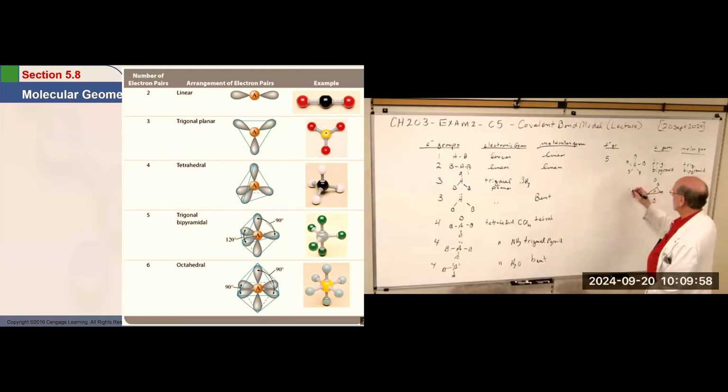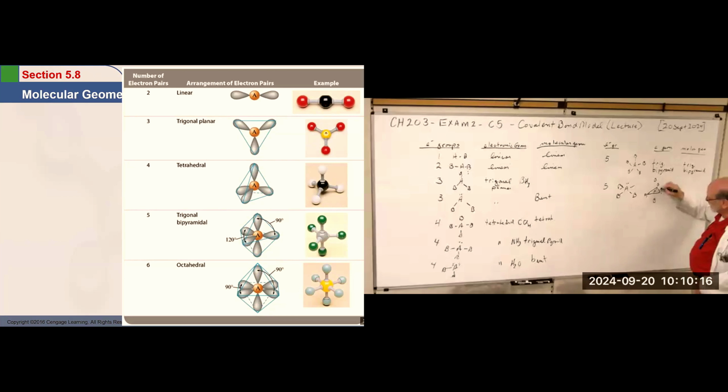So if you've still got 5, but you have a lone pair here, and then you have these other 4, in order to visualize this one, remember the bond's there, the bond's there, bond's here, and bond's here. If you turn this on its side, you have these 2 struts, and you have the other 2 B's down here and 2 B's out here. It's a seesaw. Looks like a seesaw.